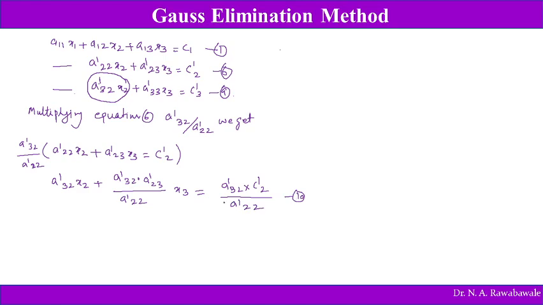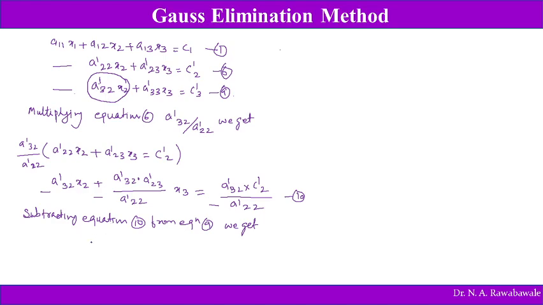Now equation number 10 is subtracted from equation number 9. When we subtract, we are multiplying it by minus, so the first term gets cancelled.